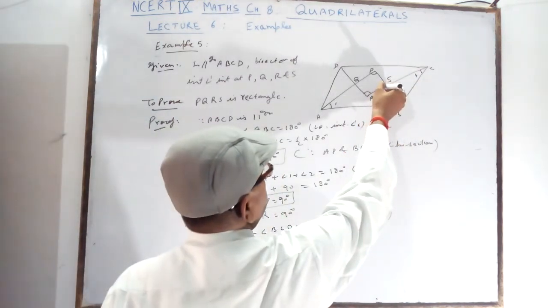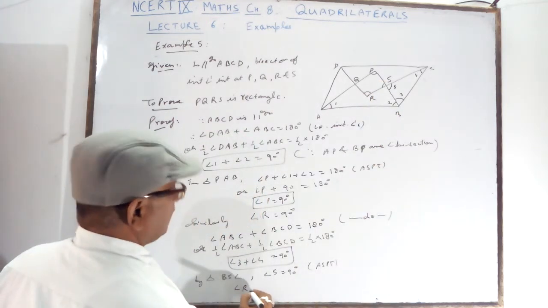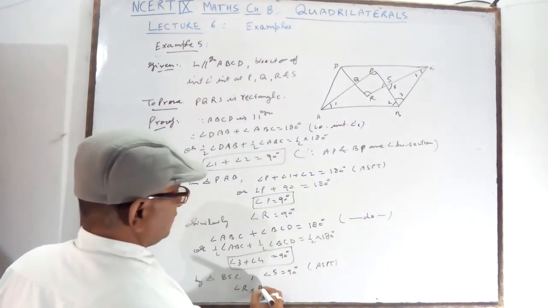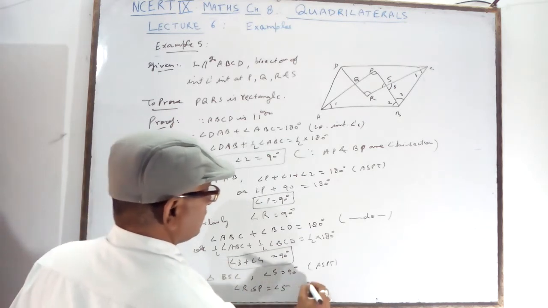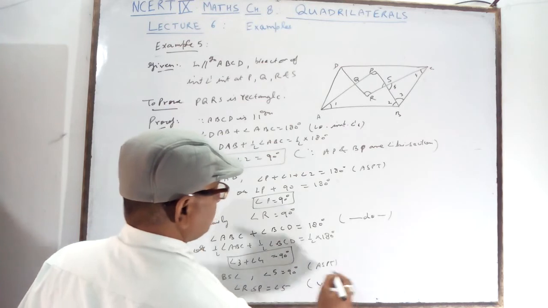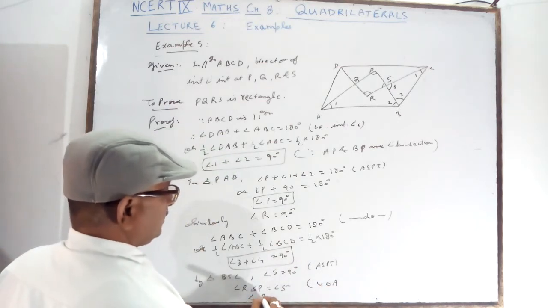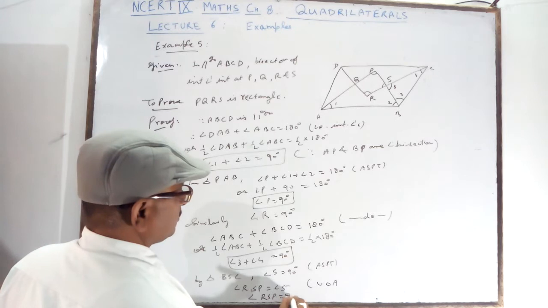Then angle RSP is equal to angle 5, vertically opposite angles, so angle RSP is also 90 degrees.